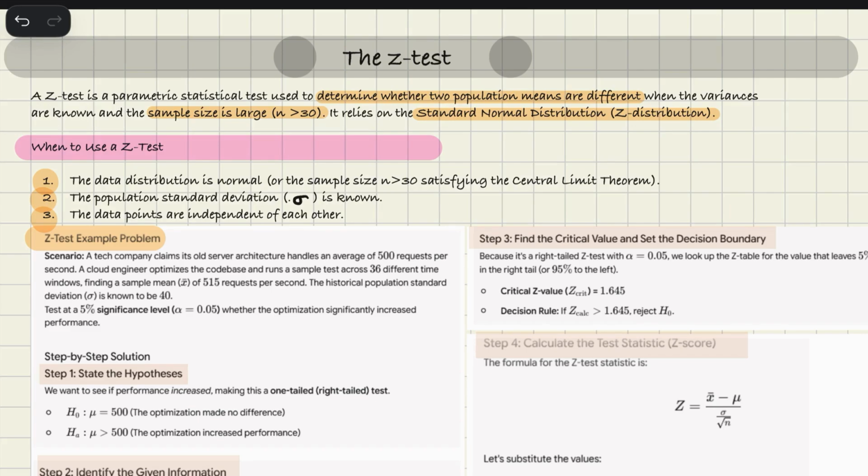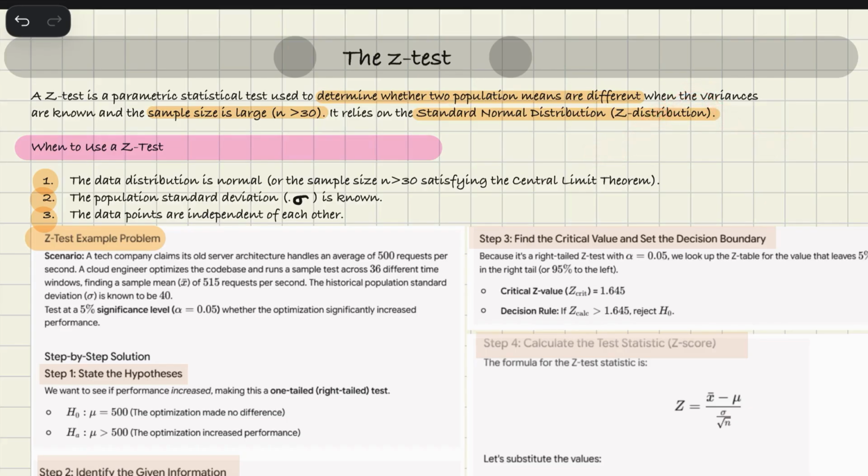So what exactly is a Z-test? It is a parametric statistical test. What does parametric simply mean? We are making assumptions about the parameters of the population distribution, especially that the data follows a symmetric bell-shaped curve.